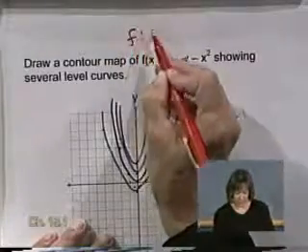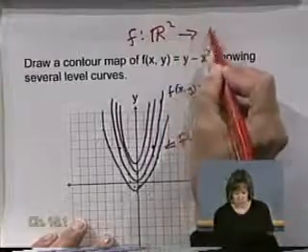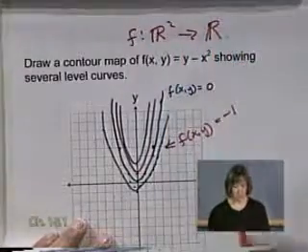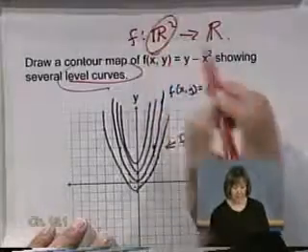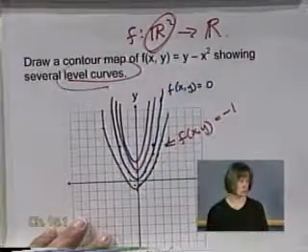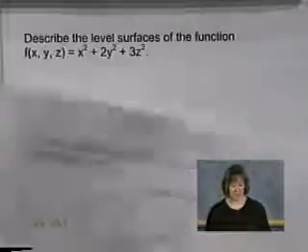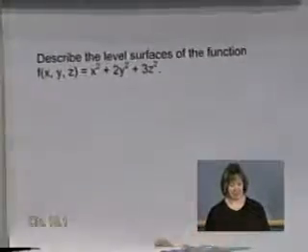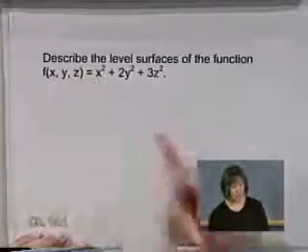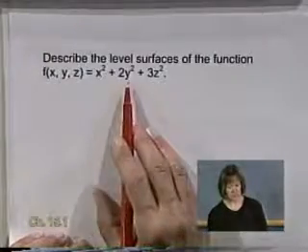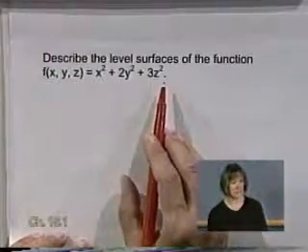Notice, this function mapped something in two-dimensional space into the reals. When we talk about level curves, we're drawing curves in the domain. The domain is R2, two-dimensional space. Now what if I have a different kind of function? This function, f of x, y, z, is equal to x squared plus 2y squared plus 3z squared.